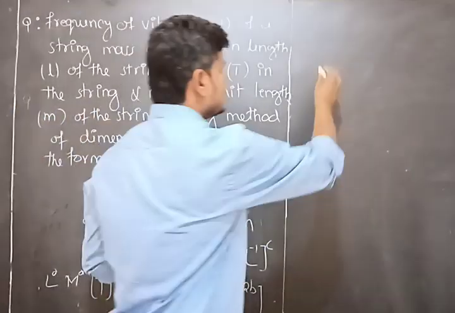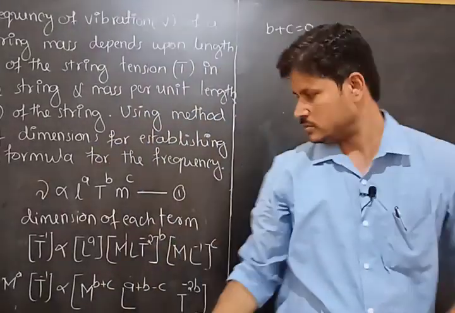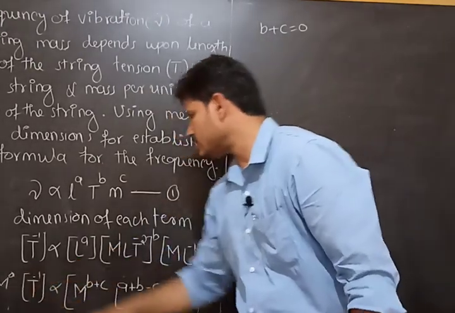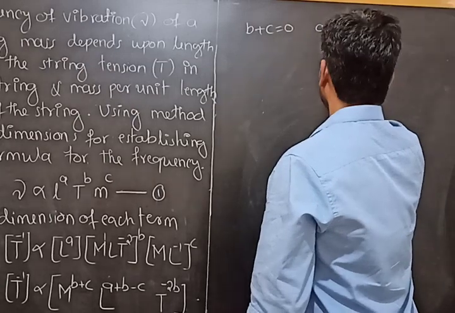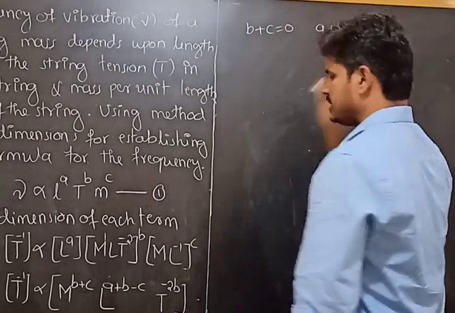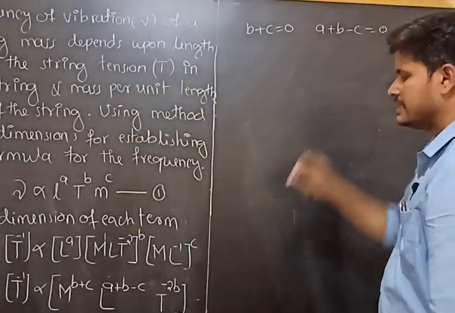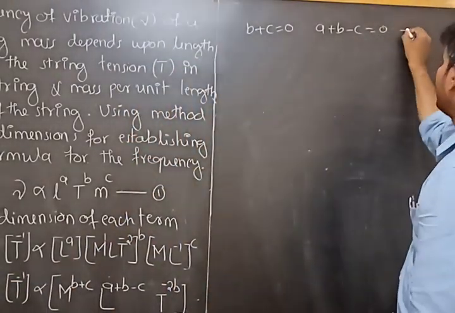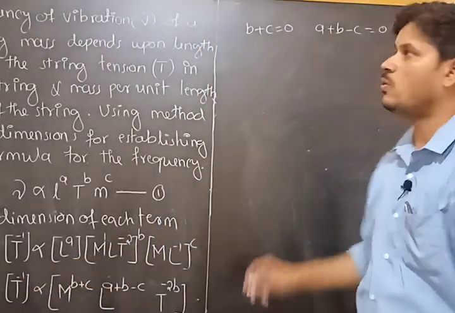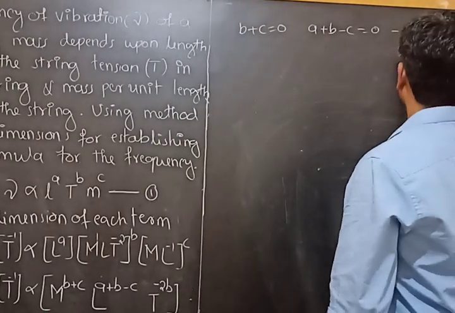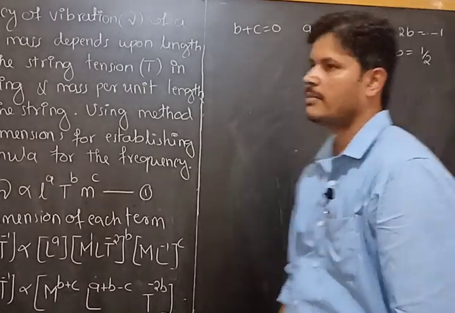So B plus C is equal to 0. Similarly, A plus B minus C, nothing is there, therefore I take 0. Similarly, for the last term, minus 2B is equal to minus 1. The value of B is 1 by 2.